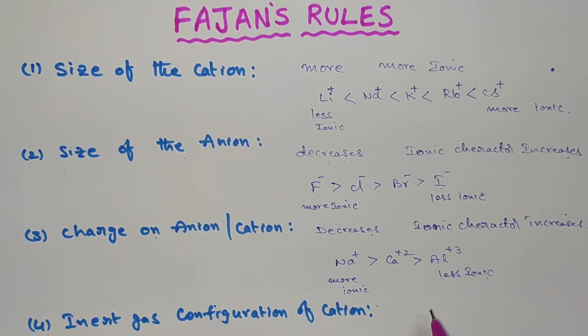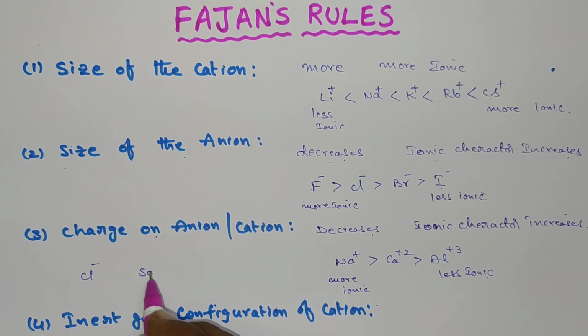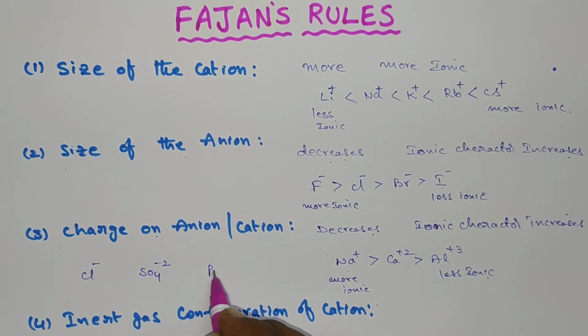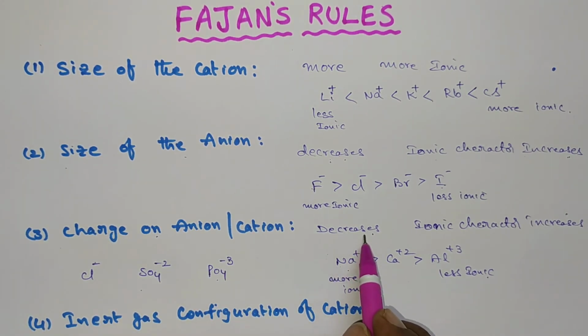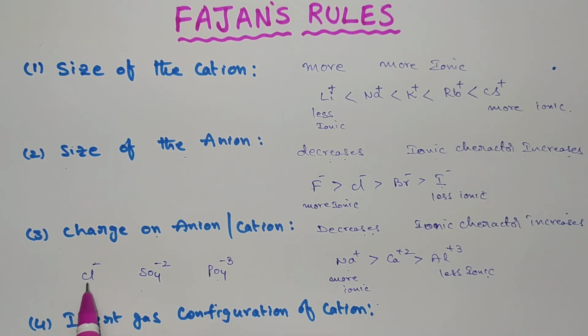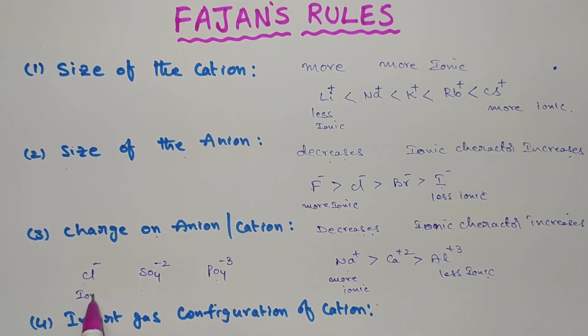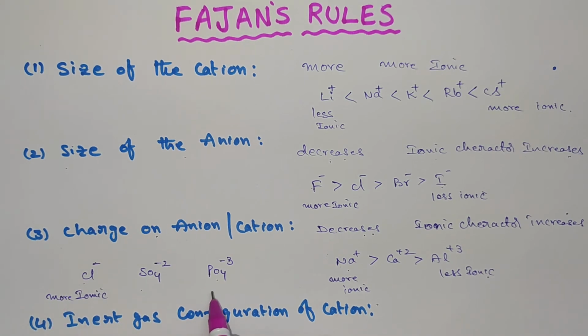Suppose you consider anions also, like Cl minus ion, SO4 minus 2 ion, PO4 minus 3 ion: chloride ion, sulfate ion, phosphate ion. Here the charge goes on increasing. If the charge decreases, ionic character increases. Here less charge is there, so it is more ionic, and PO4 minus 3 is less ionic.